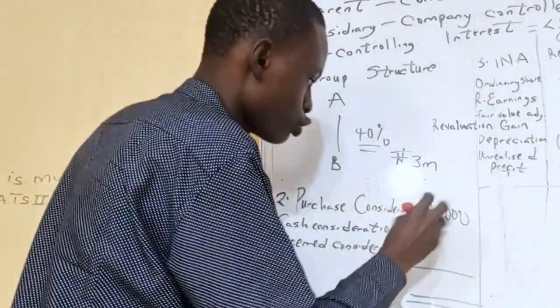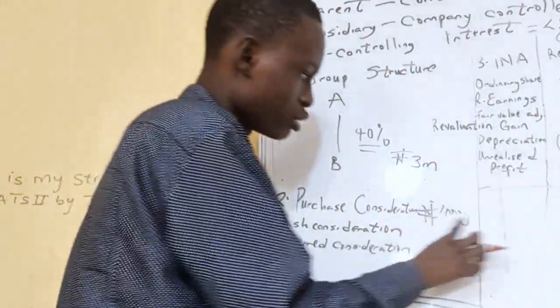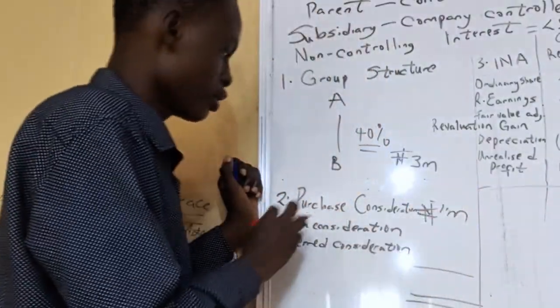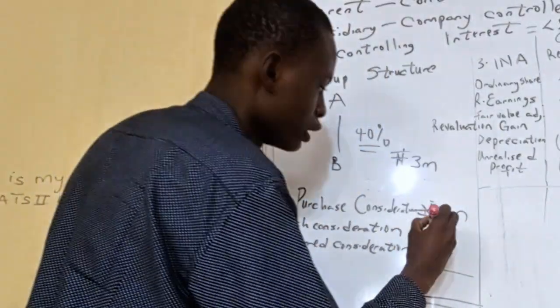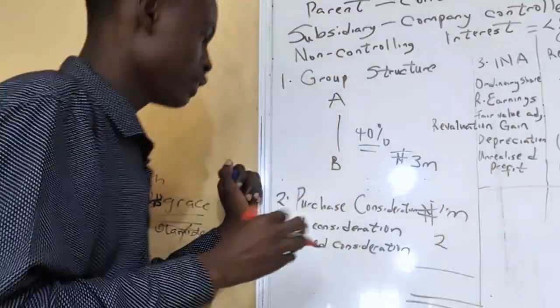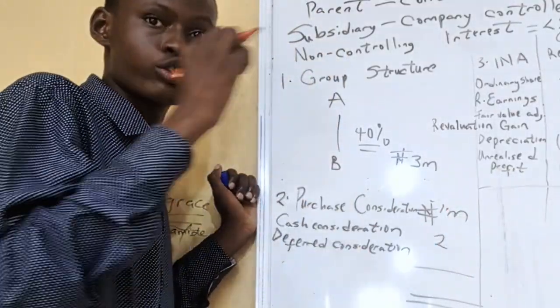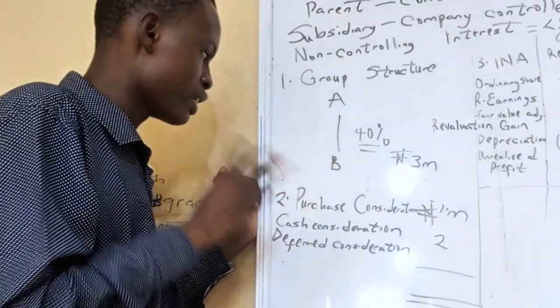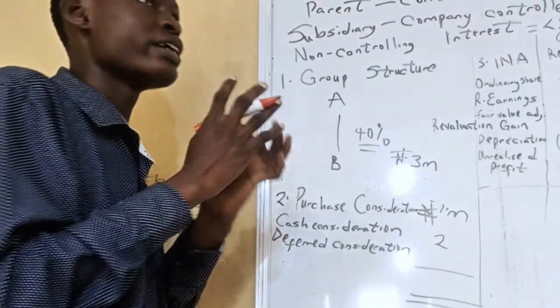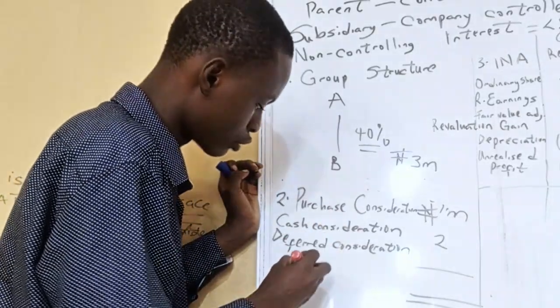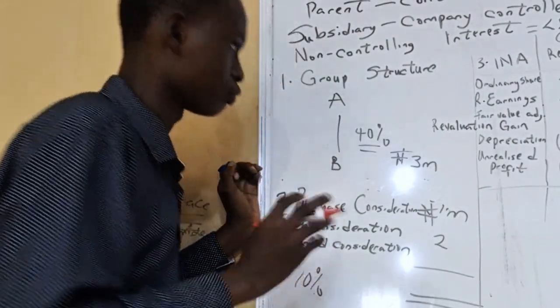The remaining 1 million naira will be paid in the next 2 years, and the discounting factor given is 10%.